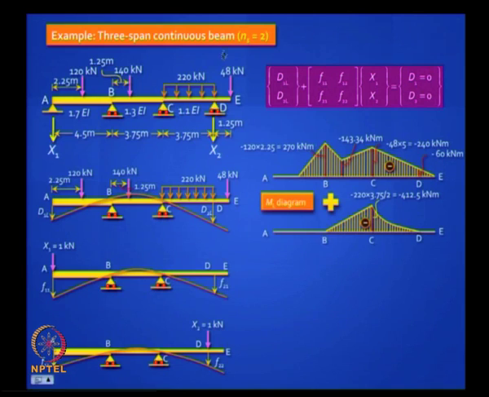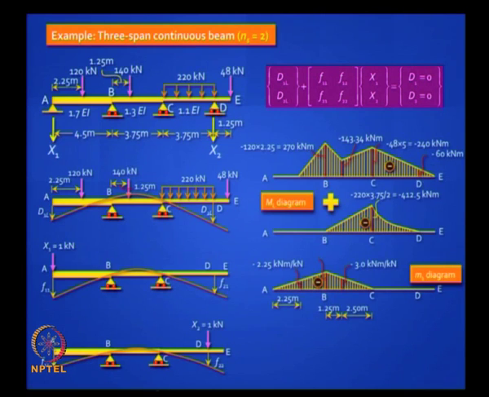I just took the UDL part and drew the bending moment diagram for the UDL separately here, which you can recognize, and the rest of the loads, the 3 concentrated loads, would give me a bending moment diagram like this. You will notice both the diagrams are hogging moment diagrams because the overhangs are really making the beam hog. The deflected shape also reflects the hogging. Clear? Now the other one is easy to do.